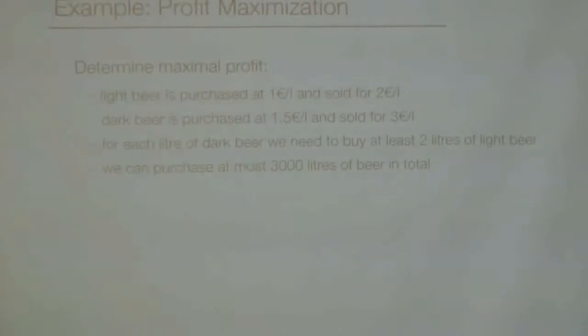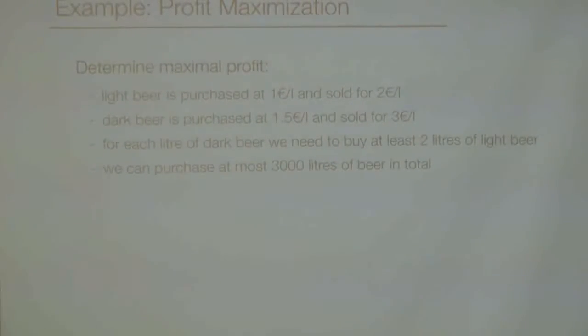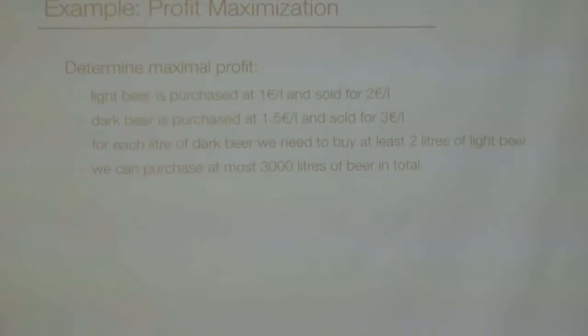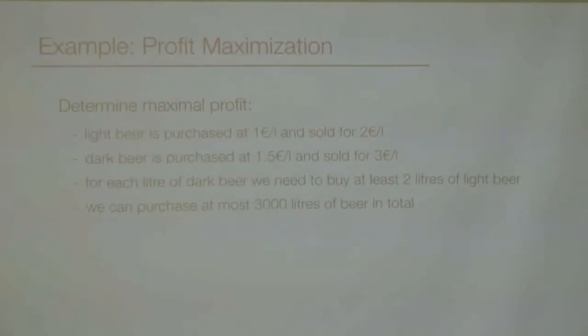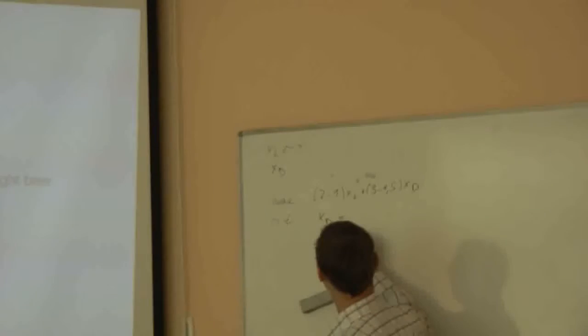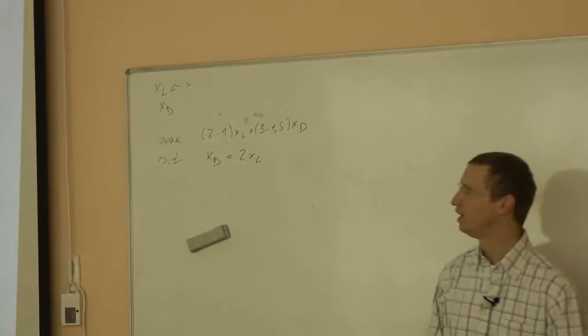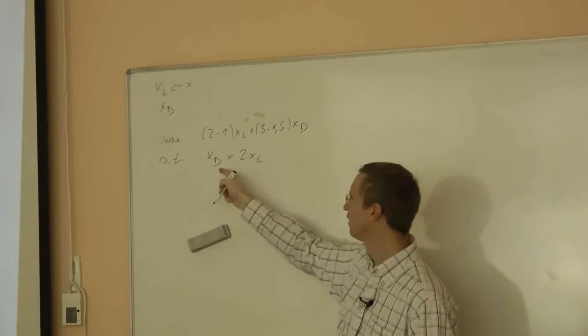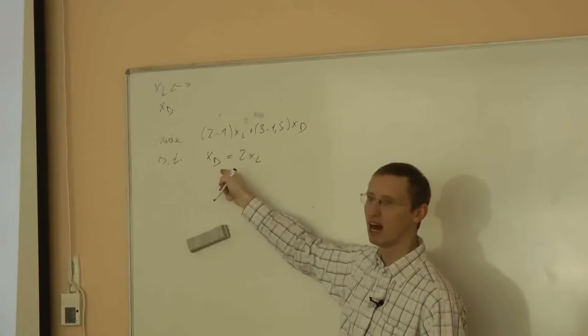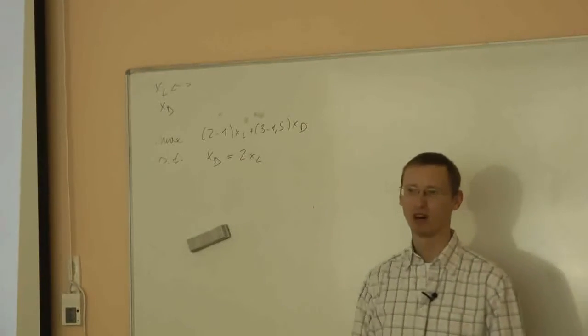This is the tricky part. How would you write it? Tell me. XD equals 2XL. Okay, so that would mean if I buy exactly 1 liter of dark beer, I buy exactly 2 liters of light.